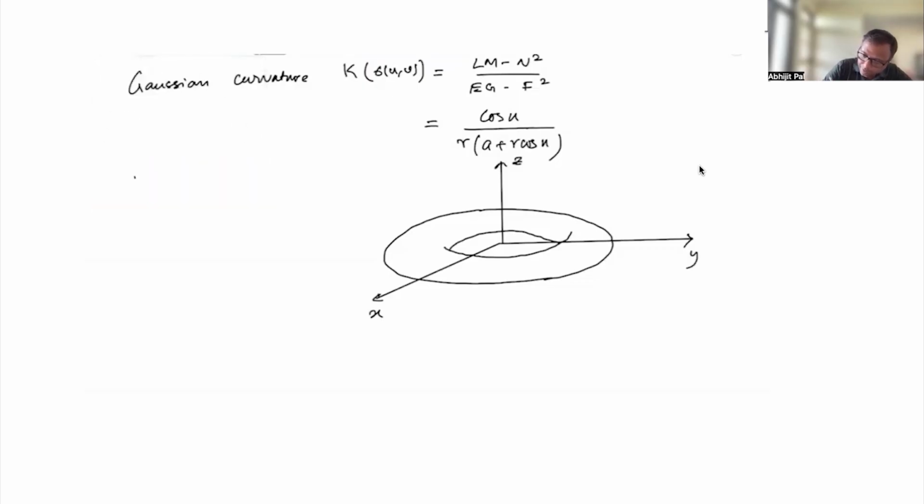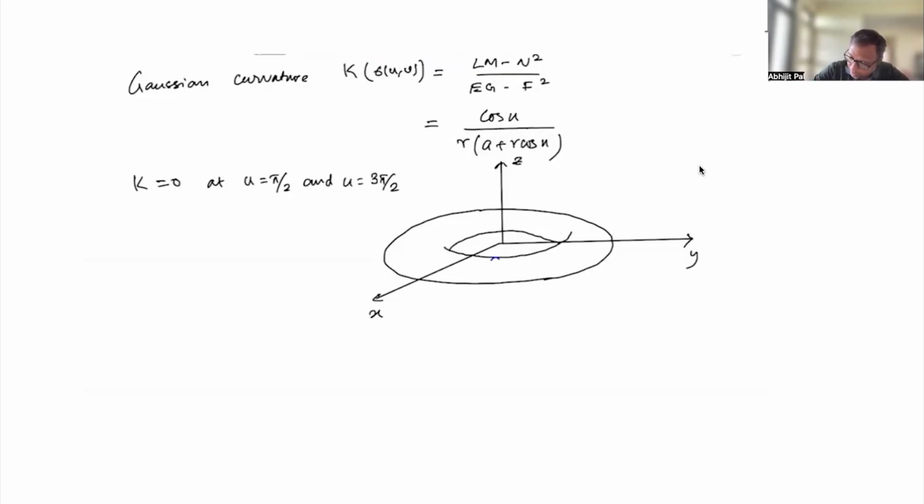K is equal to 0 at u equal to pi by 2 and u equal to 3 pi by 2.